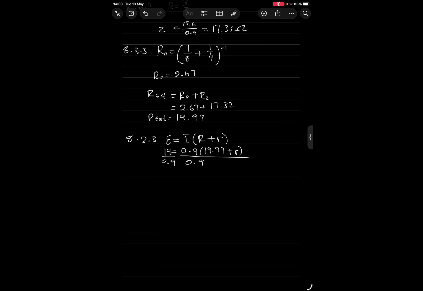It's 21.11, sir. 21.11 is equal to 19.99 plus r. And I'm going to take this to the other side, which is 21.11 minus 19.99, which is r. What's going to happen? 1.12. It's going to be 1.12, which is equal to r.